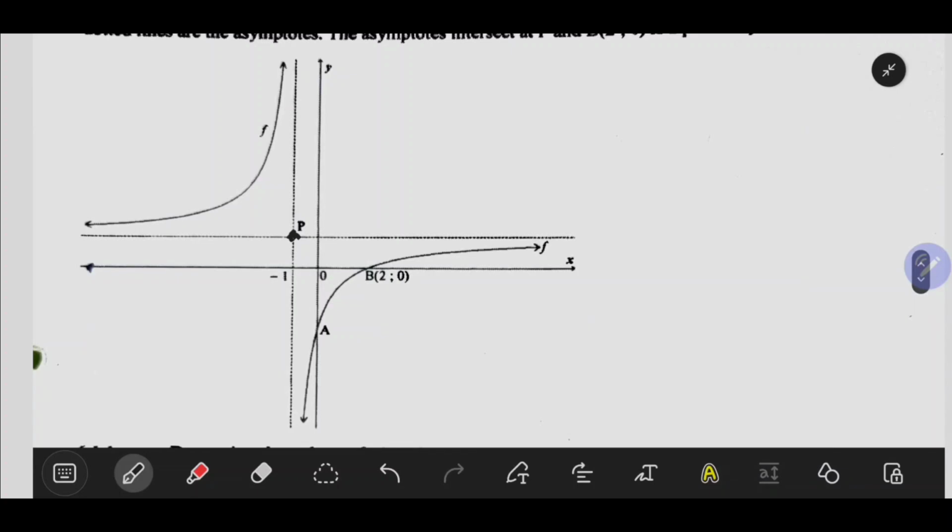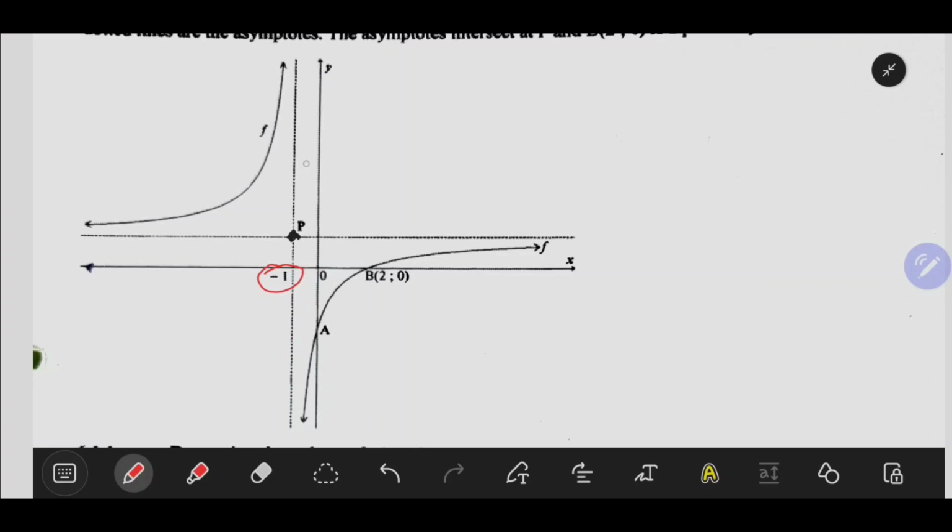So let's look at our graph. From the graph, we notice that we're given a point which is B, and we also have a point P, which is the intersection of the asymptotes. But we also notice that we're given a value here which is -1.